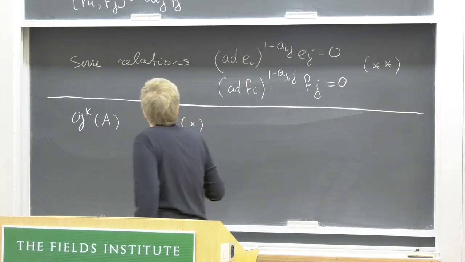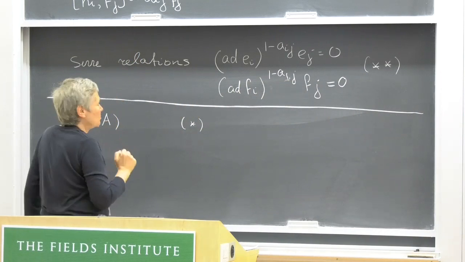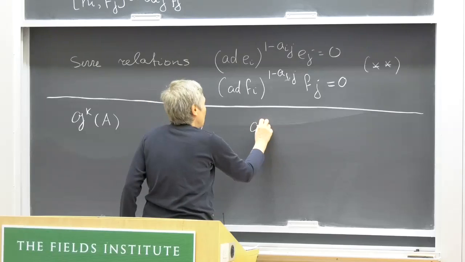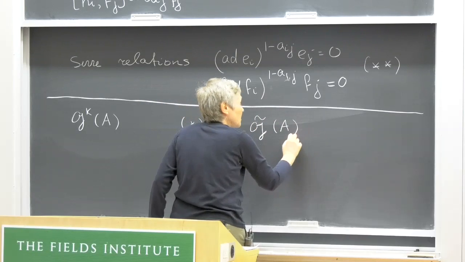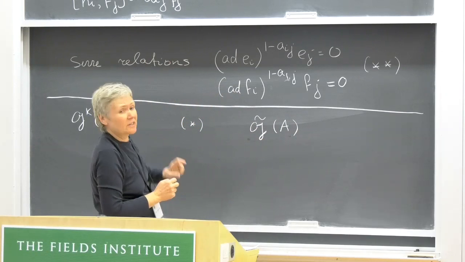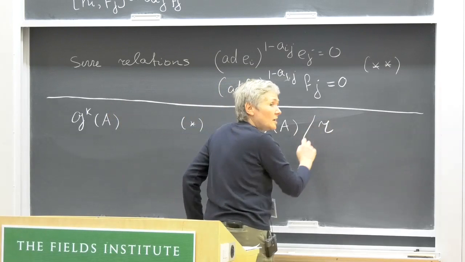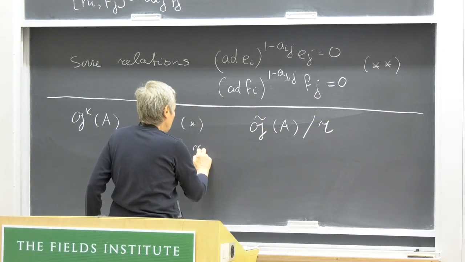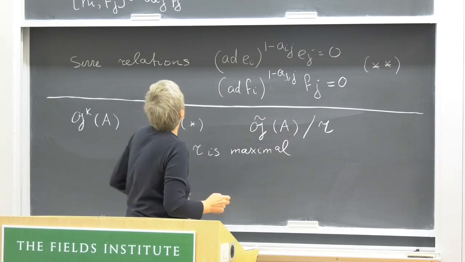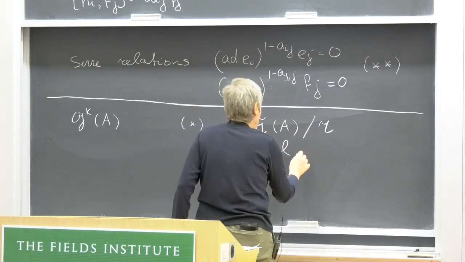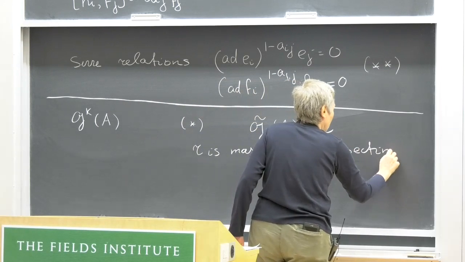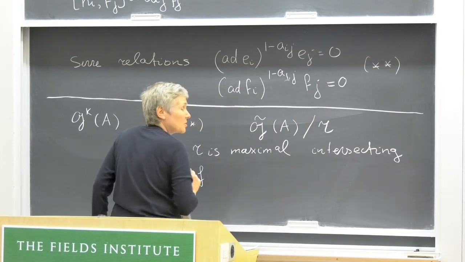You take the same Chevalley relations, but instead of Serre's relations, you construct a big algebra, G tilde of A, satisfying the Chevalley relations, and quotient by the ideal R, where one can show that R is the maximal ideal intersecting the Cartan subalgebra H trivially.